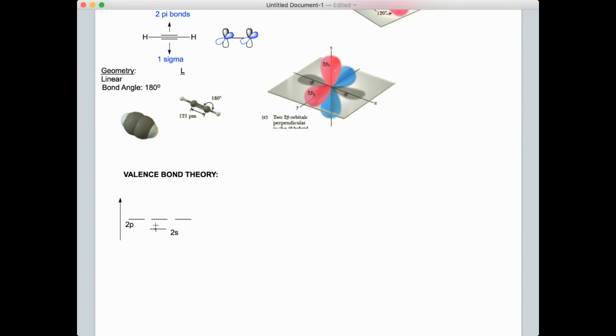So we have here 1, 2, 3, and 4. So this could be the valence shell of the carbon atom.